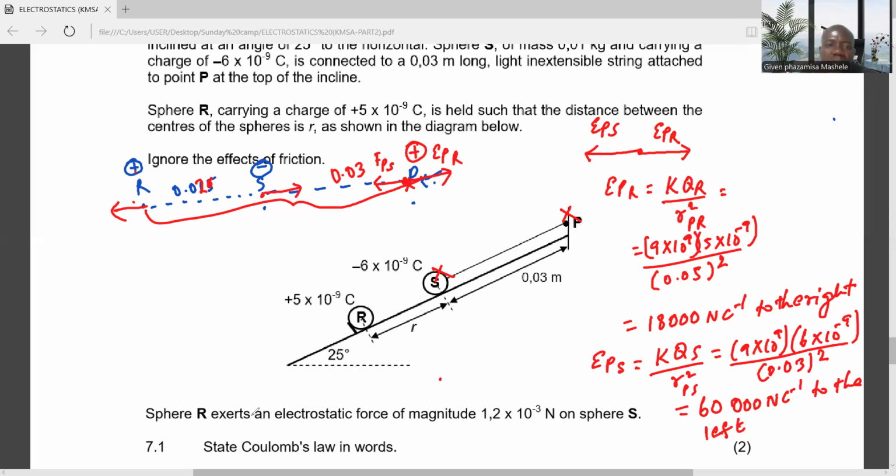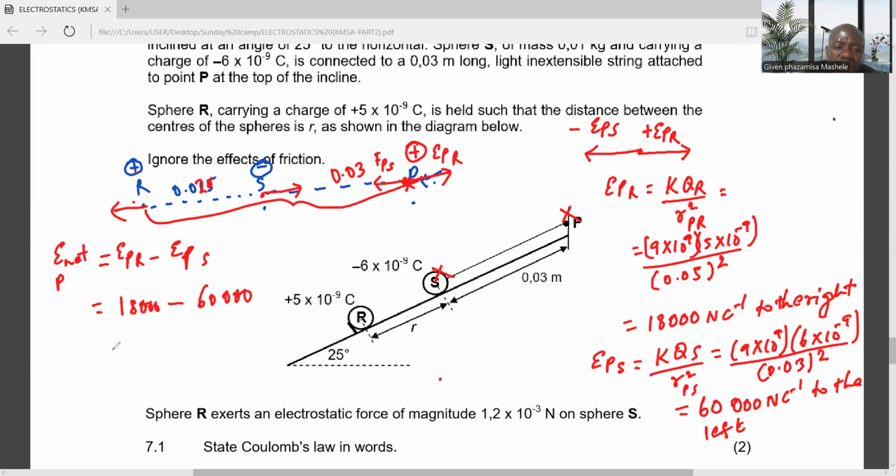So now, how do you calculate the E net? To calculate the E net at P, we're going to do this. Because they said calculate the net electric field, and they do not say magnitude and direction, we can choose right as positive and left as negative. So this will be E at P due to R minus E at P due to S. The E at P due to R is 18,000 minus 60,000.